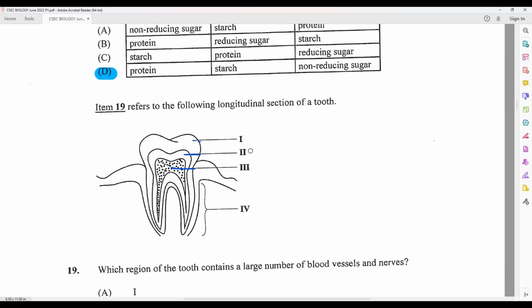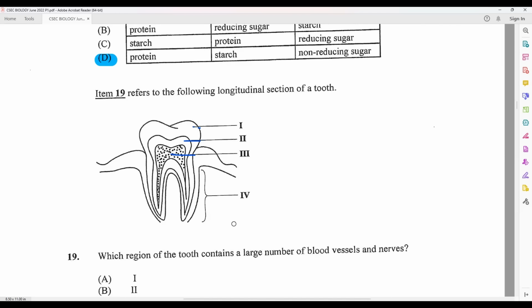So we have the enamel, the dentine, the pulp cavity, and this area here that I would suspect they're trying to tell us about cementum, but the way they placed it, they're trying to say the root of the tooth.